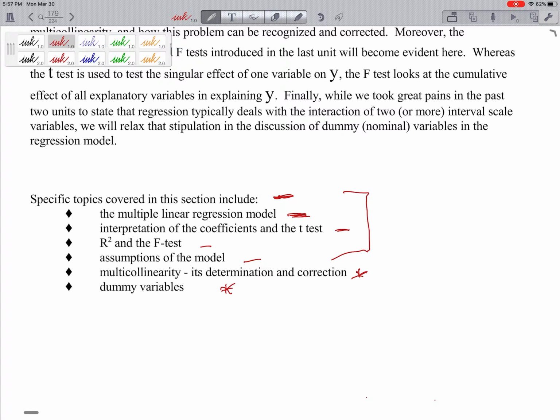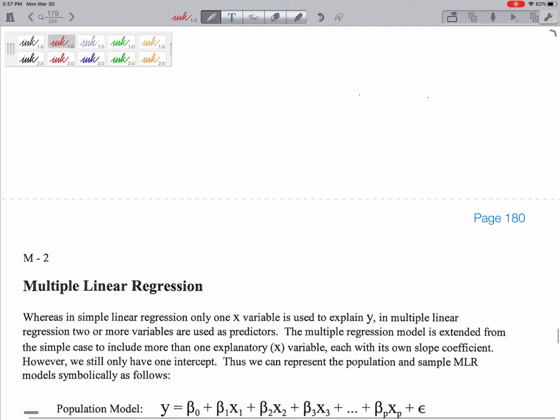This is really an extension of simple linear regression, but multicollinearity and dealing with dummy variables are two important concepts that we want to take a look at. They also have to do with a couple of questions on your assignment, questions 2 and 4 respectively.